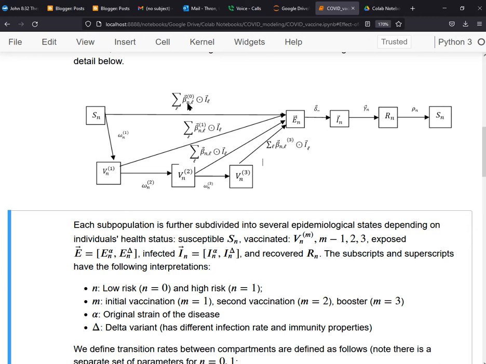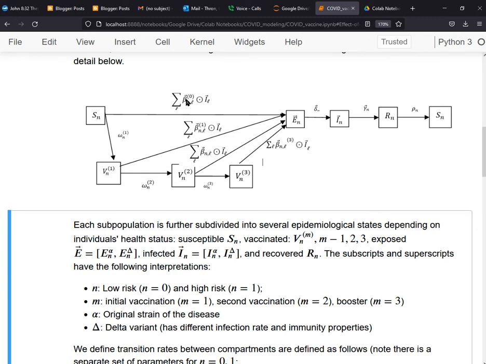These are the infected individuals. These are the exposed individuals. All right? So this sum means that some susceptibles are infected by low risk, some are infected by high risk. We need to add the effect of low risk and high risk infected individuals together.